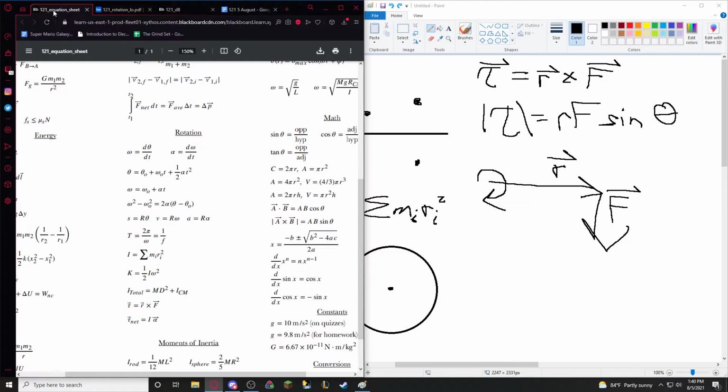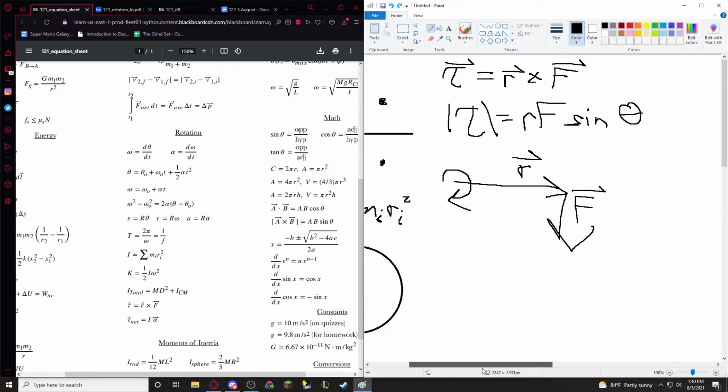Would it just be the last equation on the sheet? Yeah.